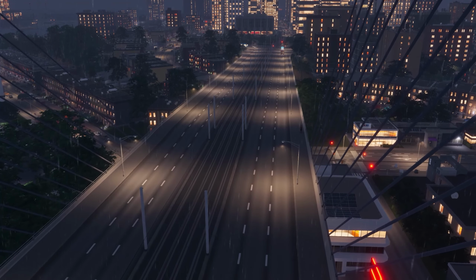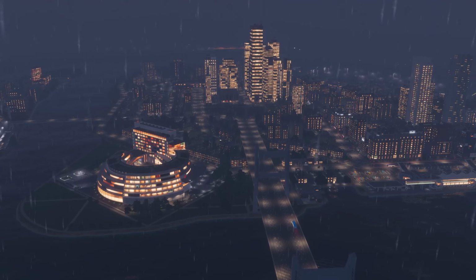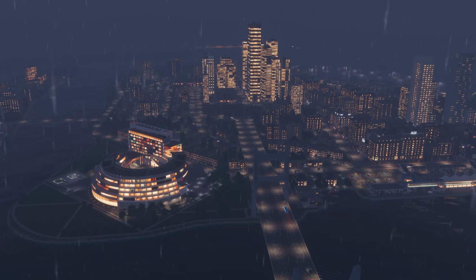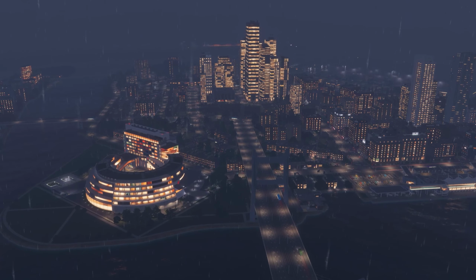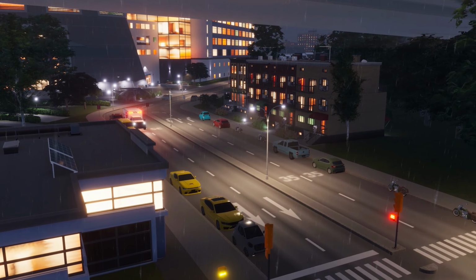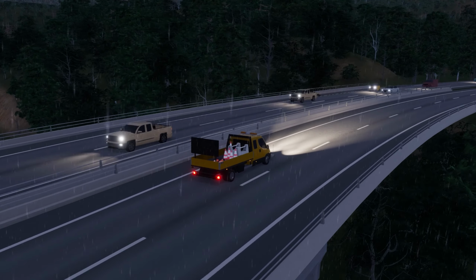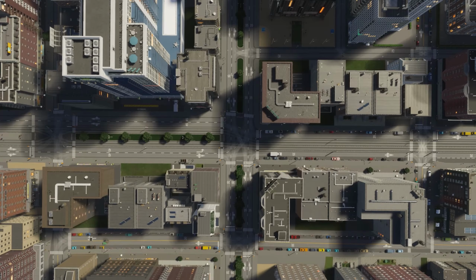Now, based on the traffic flow and traffic volume, if you saw my builds, I rarely used any road larger than a 4-lane two-way road, which means two lanes each way. And I never needed anything bigger than that.